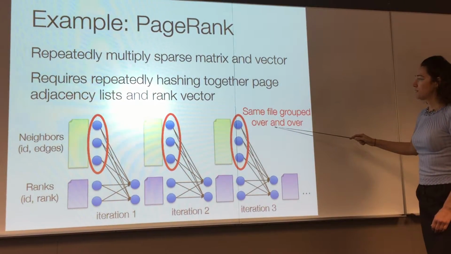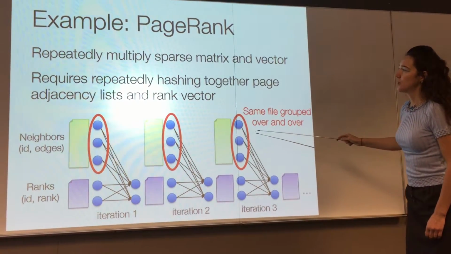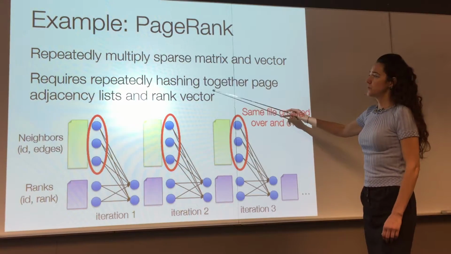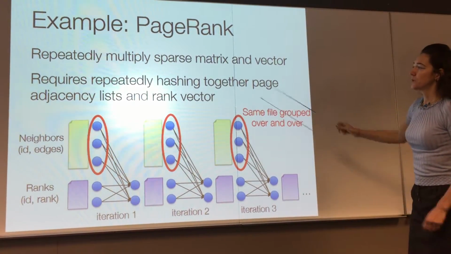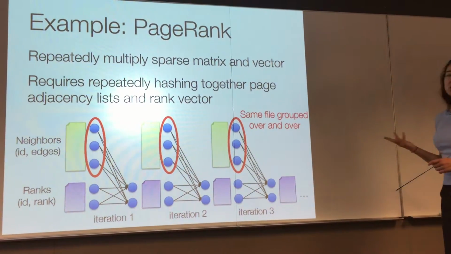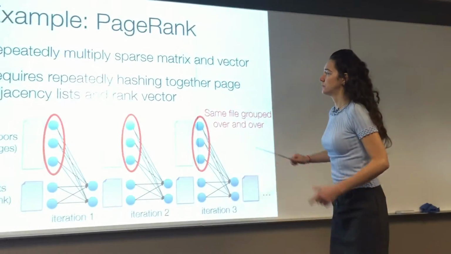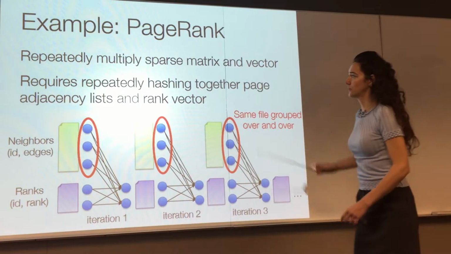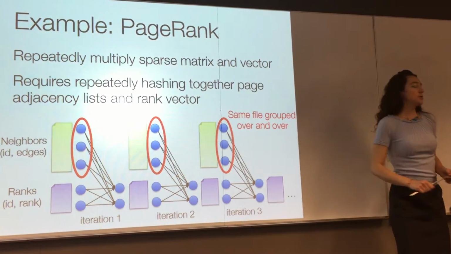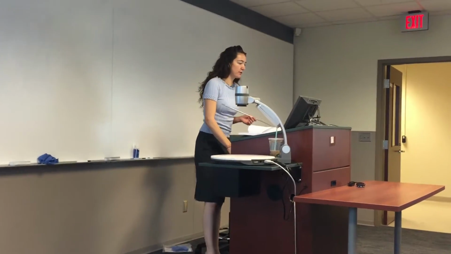And so the same file is grouped over and over, and it requires repeatedly hashing together page lists of neighbors, or adjacency lists, in order to create this ranked vector. So it doesn't work very efficiently for an algorithm like that.